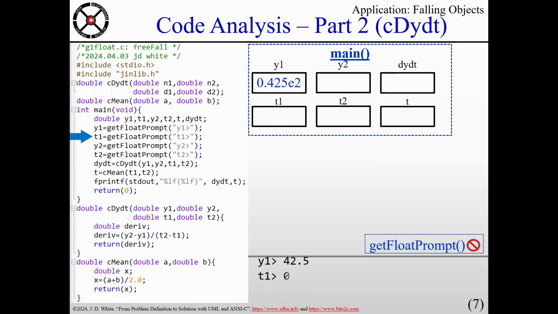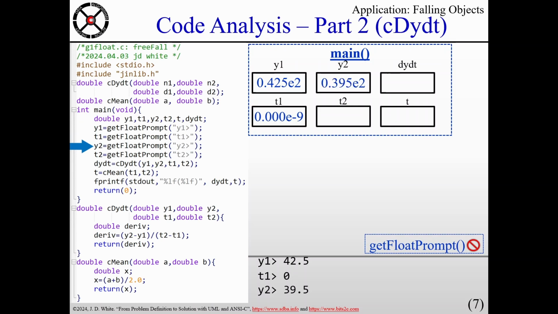The next line got T1. And it stored 0, or some sort of a small number, e to the -9, because if you are using floating point, there is no 0 in floating point. It's only approximately 0.